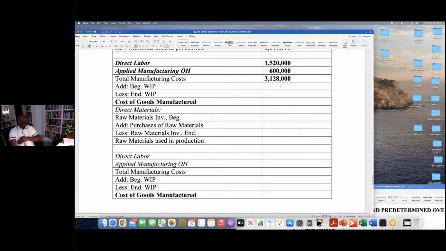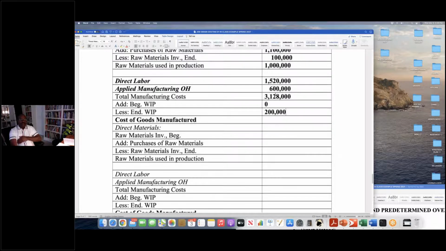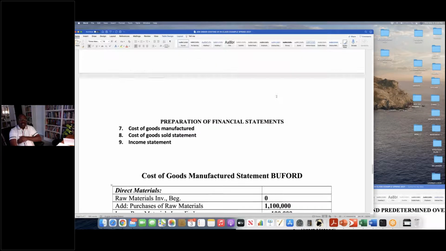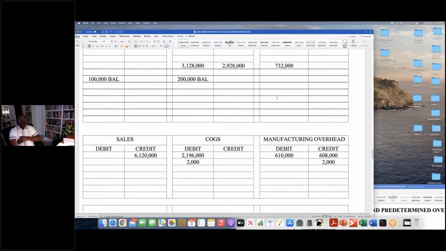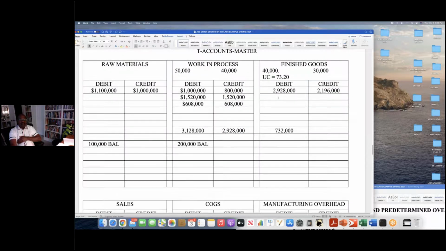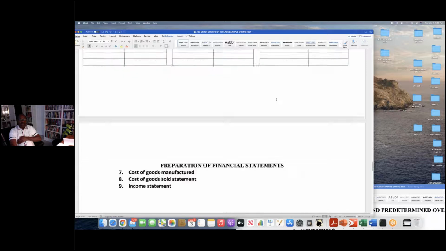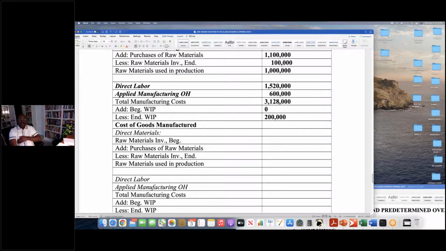Now we didn't have a beginning work in process inventory in this problem, but we did have an ending. So the cost of goods manufactured would be what? We just subtract 200 from this number here, we get 2 million.